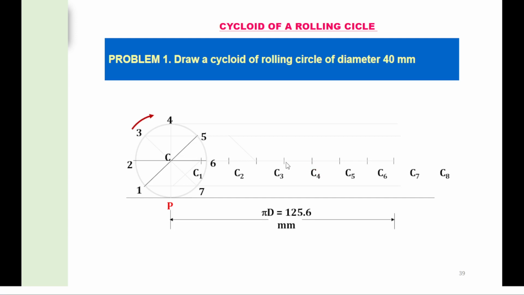Then this is C4. Through this C4 we will take a distance equal to the radius, and we will mark this point on the horizontal projector passing through point number 4. Then through C5, we will mark an arc on the line passing through point number 5. Then C6, over here there will be the arc.